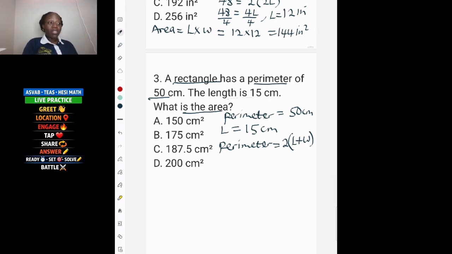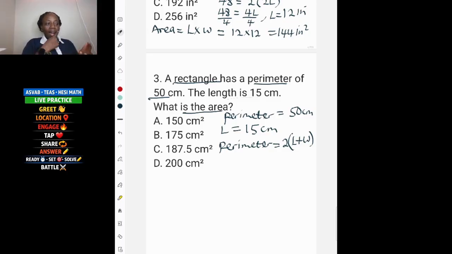Perimeter of a rectangle, perimeter of a square. But the difference is that a square has equal sides, and that's why they didn't give us any length for the square. But for the rectangle, because they have different width and different length, the length is given to us here.